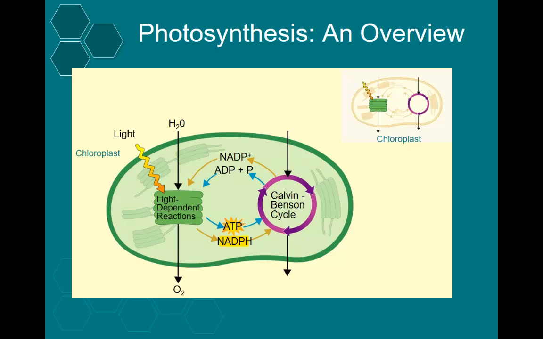Those energy carrier molecules, which are super important, we've highlighted ATP a lot already, are again going to go on to the Calvin-Benson cycle to go ahead and produce the sugars that we need, in particular glucose, that the plant's going to use to feed itself. What's the other reactant that we use in photosynthesis? It's water and, that's right, carbon dioxide.